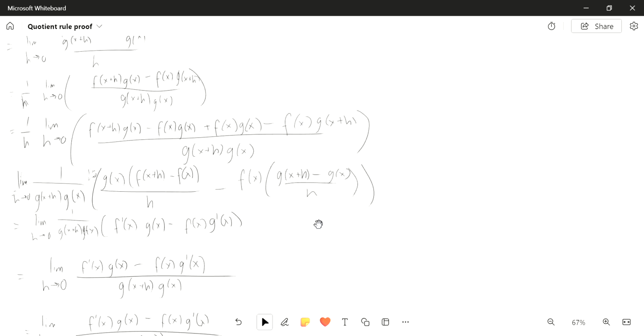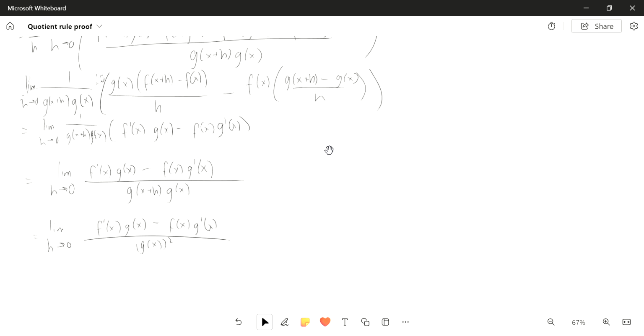Now we get to the point where we take the derivative of the numerator and multiply it by the denominator and subtract the derivative of the denominator multiplied by the numerator. So we get something that looks like this line over here, and as this line approaches 0, you get your actual quotient rule.